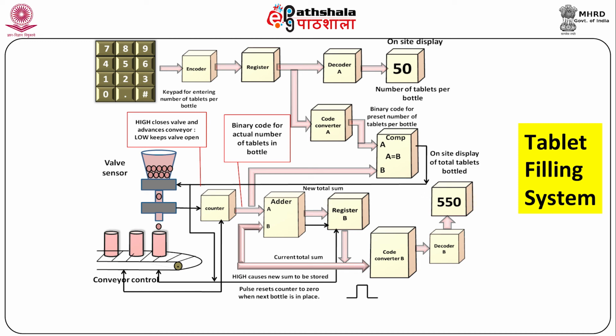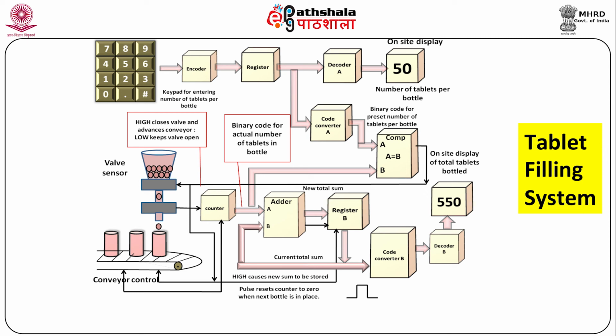The optical sensor at the bottom of the funnel neck detects each tablet that passes and produces an electrical pulse. This pulse goes to the counter and advances it by one count. Thus, at any time during filling of the bottle, the counter contains the binary representation of the number of tablets in the bottle.